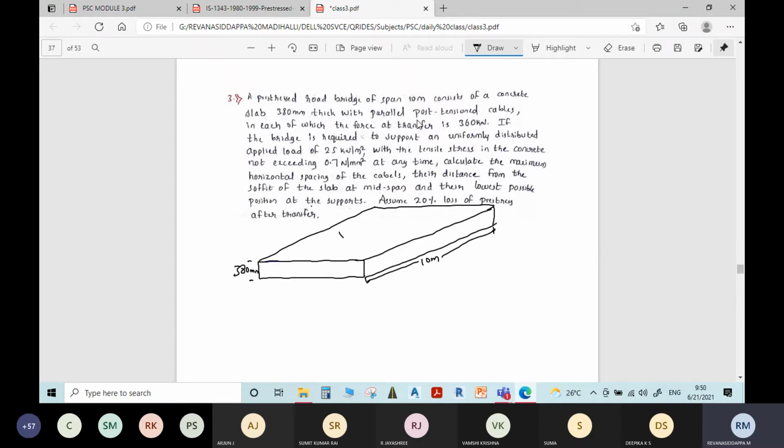It consists of parallel post tension cables, in each of which the force at transfer, the pre-stressing force, is given. P is equal to 360 kilonewton, nothing but 360 into 10 power 3 Newton.